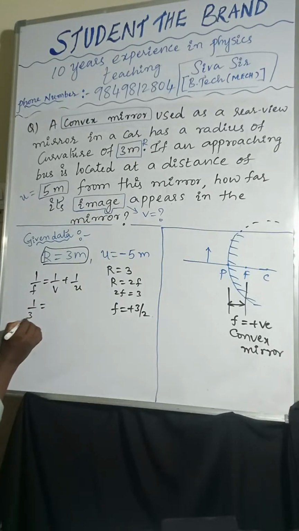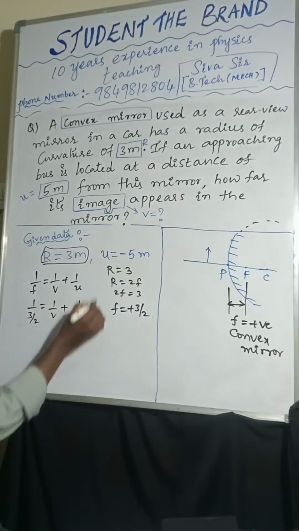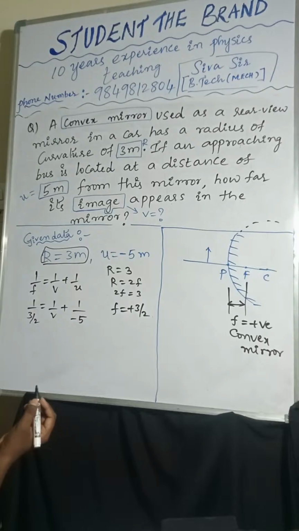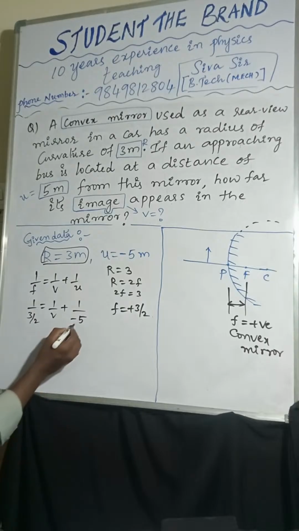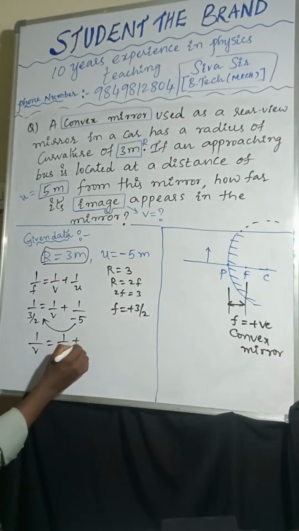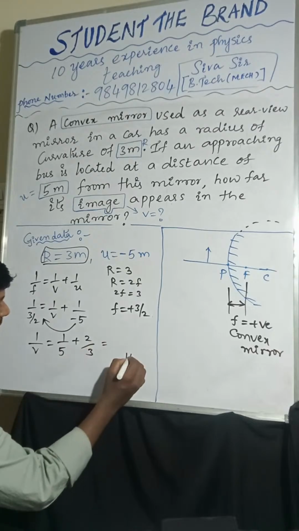So f is 3 by 2, and we have to find 1 by v. The object distance is minus 5. Taking the v value on this side, 1 by v equal to 1 by 5 plus 2 by 3. Taking the LCM, which is 15: 3 plus 10, that is 13 by 15.